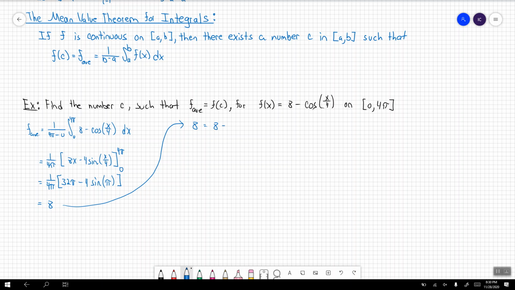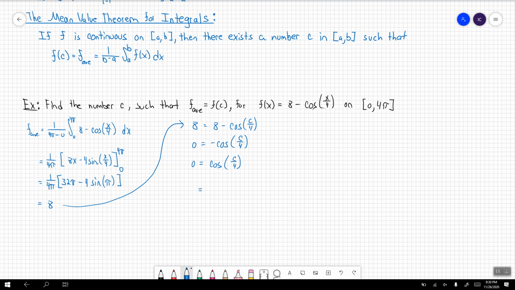This is going to be 8 minus cosine of c divided by 4, because I'm evaluating at c. Subtract 8, we get 0 is equal to negative cosine of c over 4. Multiply by a negative, and we get that 0 is equal to cosine of c over 4.